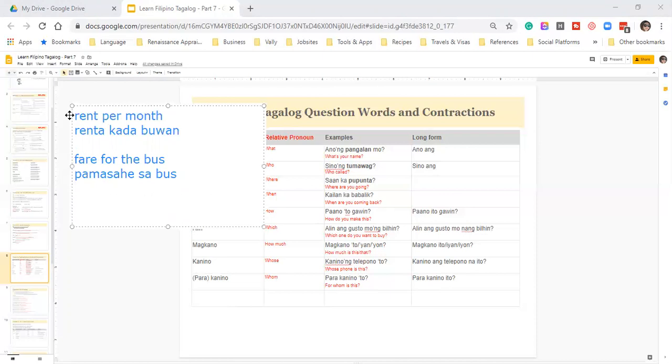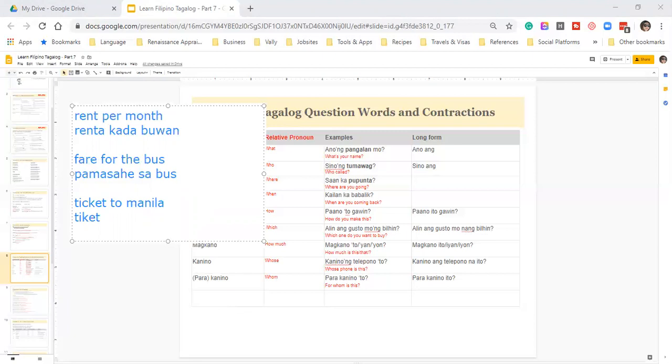Magkano. Don't forget the ang. Magkano ang pamasahe sa bus? Sa bus. Go ahead. So it'd be magkano ang ticket sa Manila? Yes. Or to, because to is ticket to Manila.